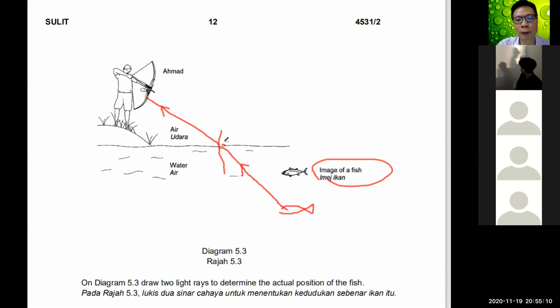So most probably he will see the fish here. When he sees in a straight line, the fish appears here. But this is a fake one, this is an image. So he shouldn't point the arrow here. He has to point here. Understand? Do you understand what I say or not? Huixin, do you understand?